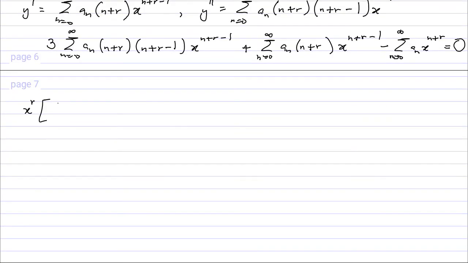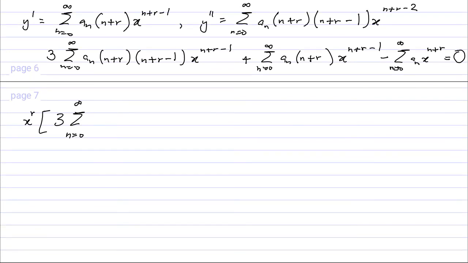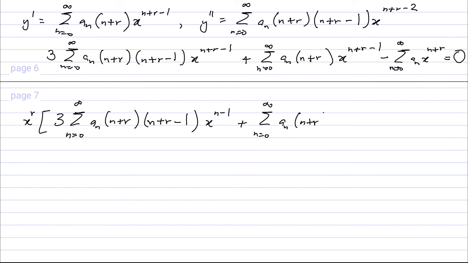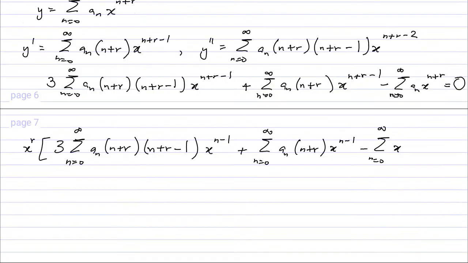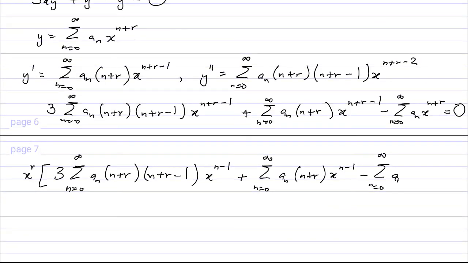You have 3 times the sum from n equal to 0 to infinity of a n (n plus r)(n plus r minus 1) x raised to power n minus 1, plus the sum from n equal to 0 to infinity of a n (n plus r) x raised to power n minus 1, minus the sum from n equal to 0 to infinity of a n x raised to power n, and this whole thing has to be equal to 0.